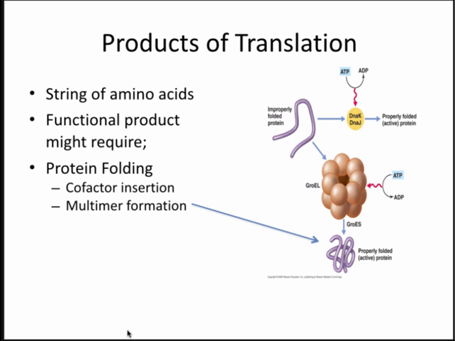Okay, so what's the product of translation? Strings of amino acids, and these are functional products. This may require protein folding. What we used to think for a long time is that these proteins just spontaneously fold up, and some of them do. But there is a whole class of proteins called molecular chaperones, such as GroEL and GroES, that are essential for the folding of many different proteins.